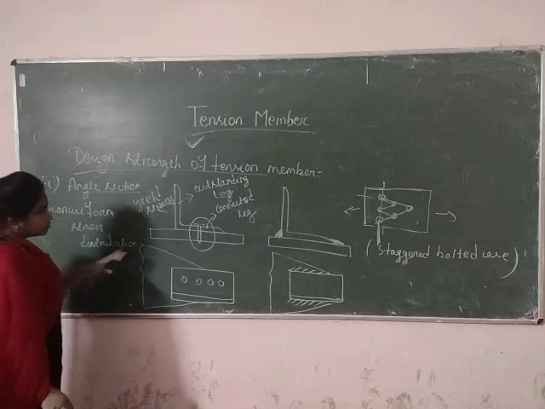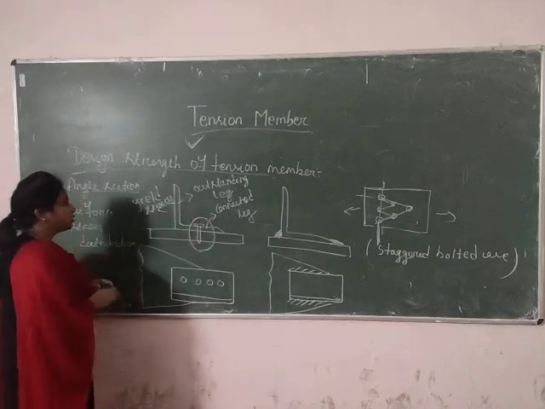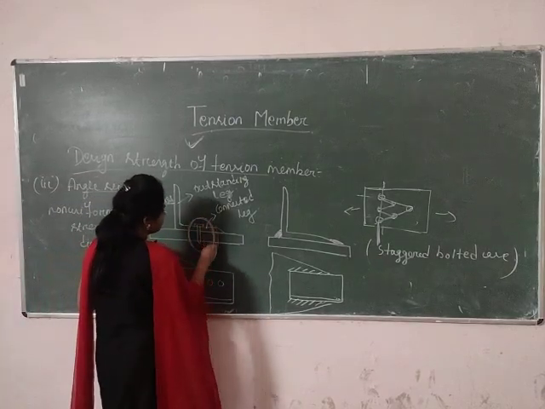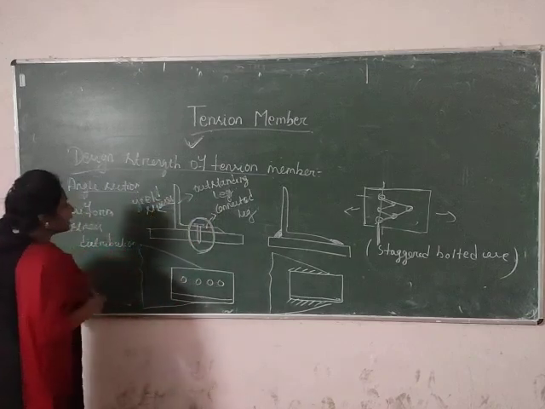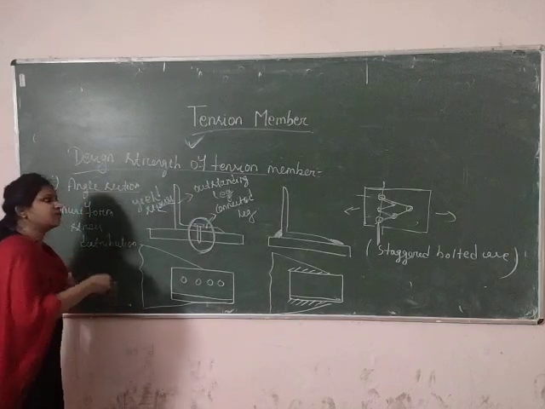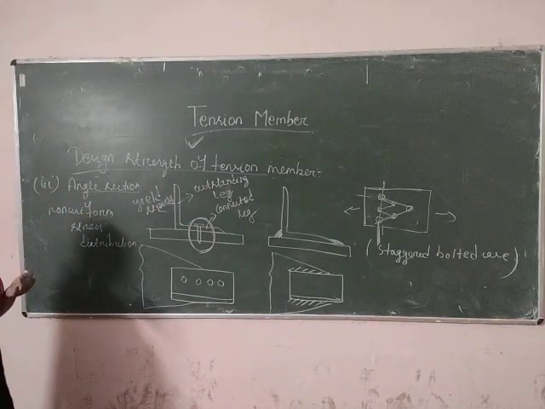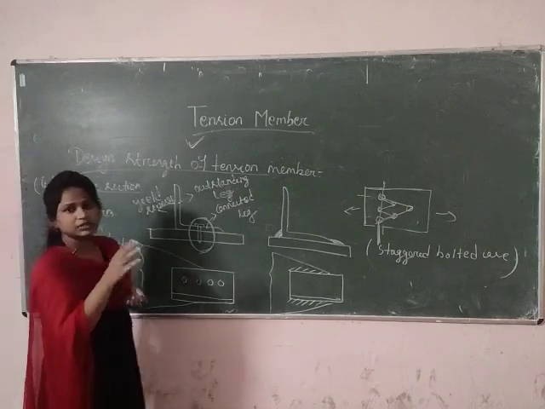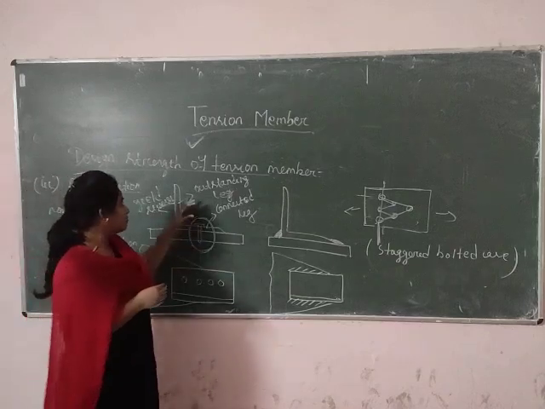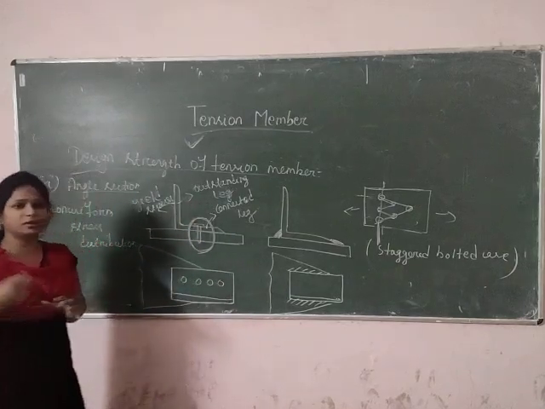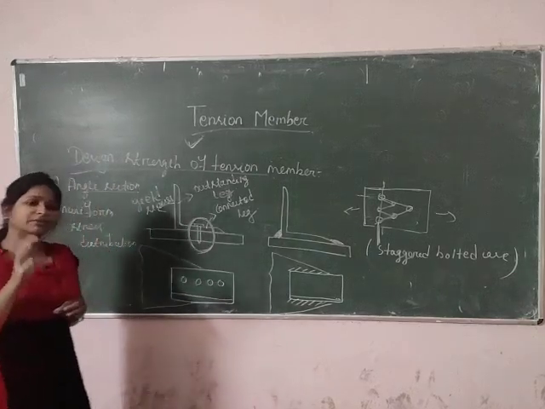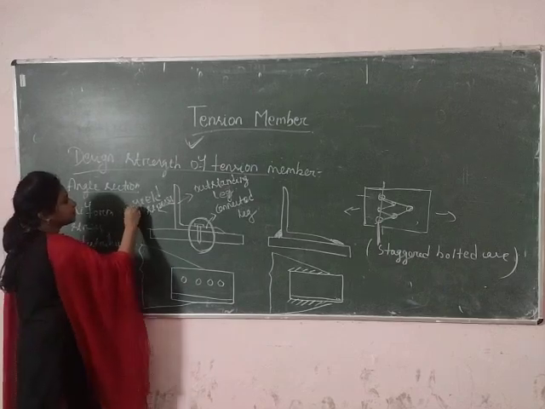Okay, so if the connection has reached the ultimate stress, then this part will be subjected to ultimate stress, and as this leg is not connected, and I have already said that due to the serviceability criteria, we cannot permit large deformation. That's why we have limited our design strength up to the yield stress.